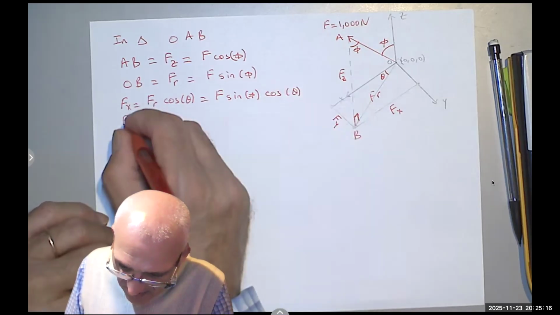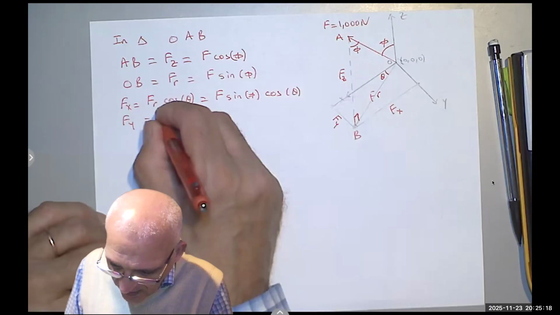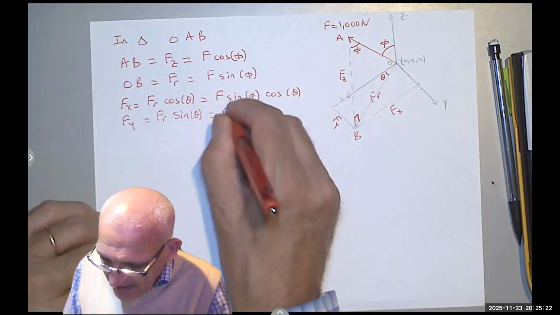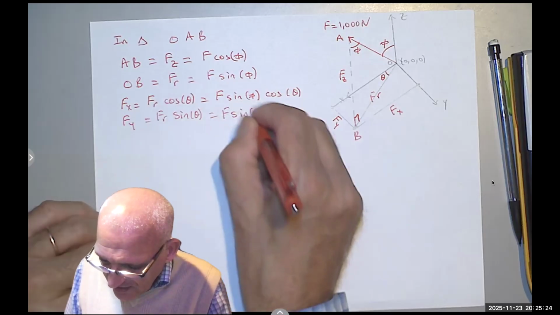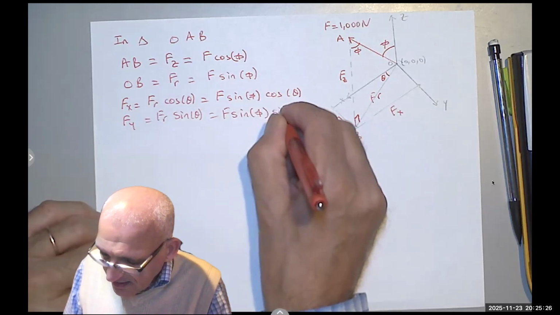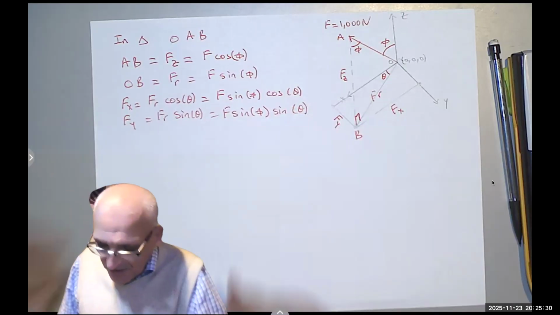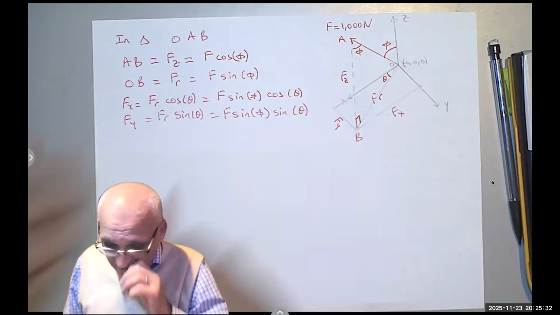Likewise, F sub y is FR sine theta, which can be written as F sine phi sine theta. So here is Fx, Fy, and Fz.